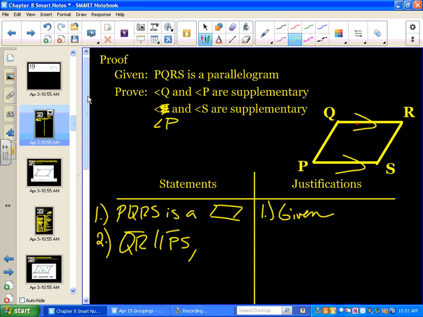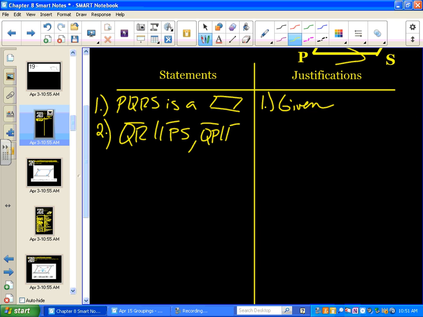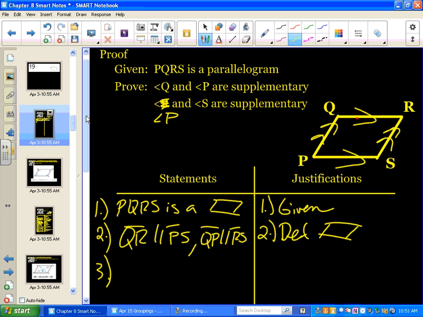And what else, while we're in this same step, what else can we do? Amber? Yep. And that's definition of a parallelogram. Okay, next step, with those two sides being parallel. Danny. Okay. Claire, justification.